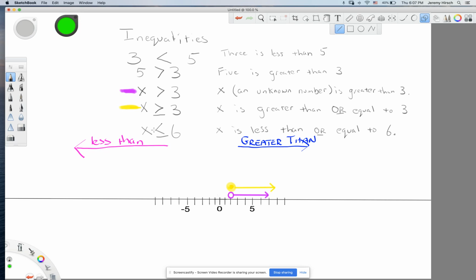And then our last one, let's say x is less than or equal to 6. Try to draw that one on your own number line while I set it up here. So first, we're going to find 6. We're going to draw a circle at 6.